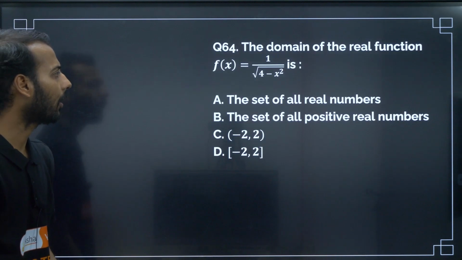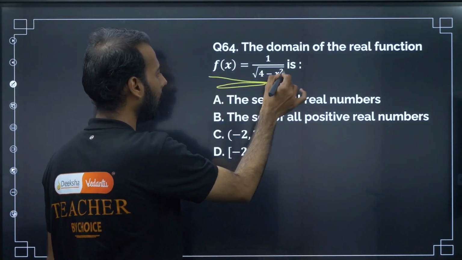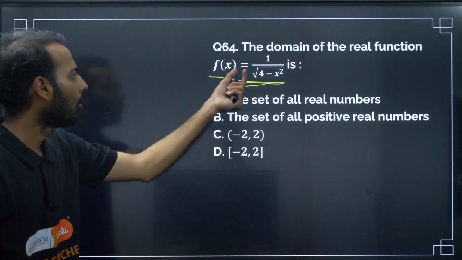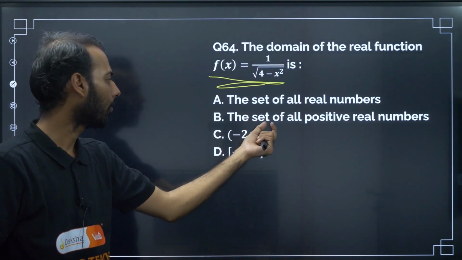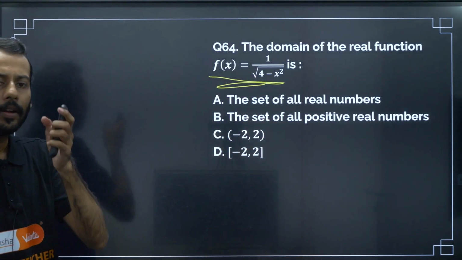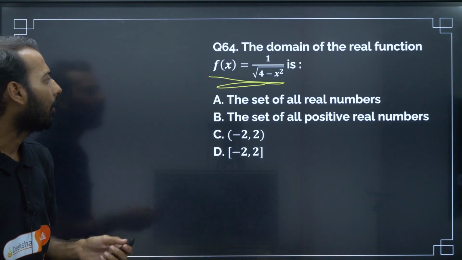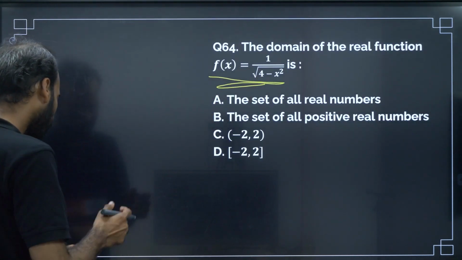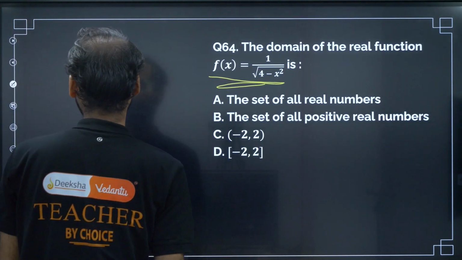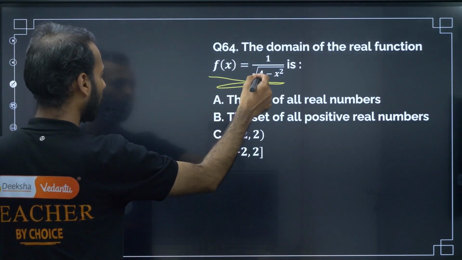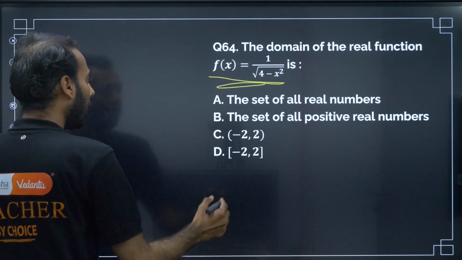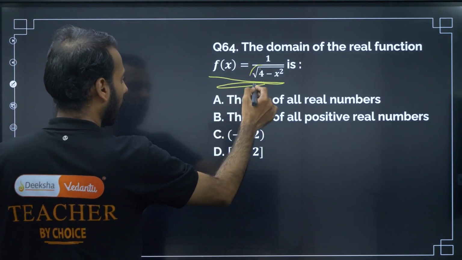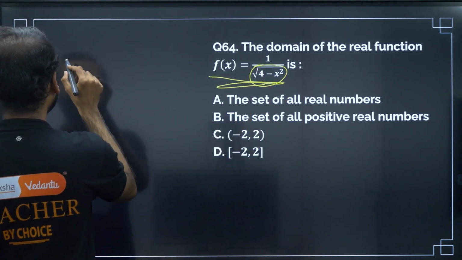Next, the domain of the real function. One function they have given and they are talking about domain. So domain is the set of all real numbers, and some options they have given. Try to recall, whenever it is domain, we just focus on what type of function it is. Here a square root function is there.